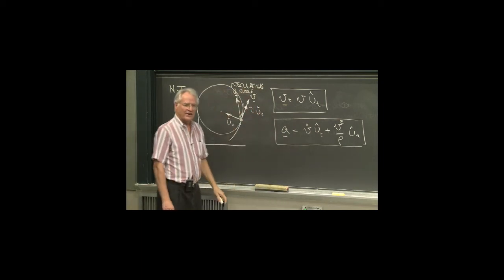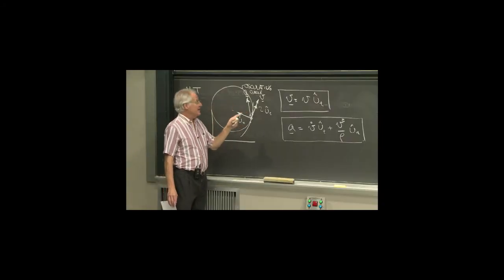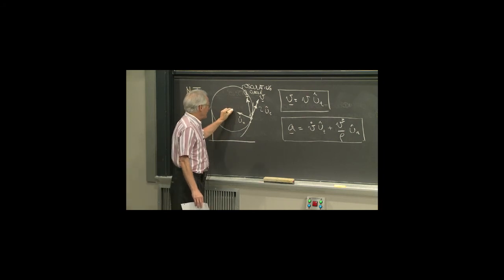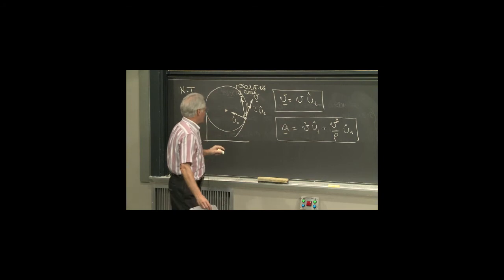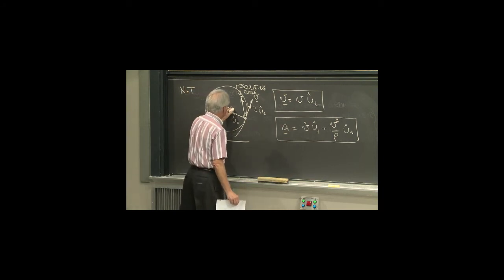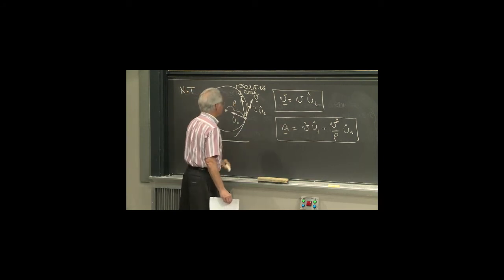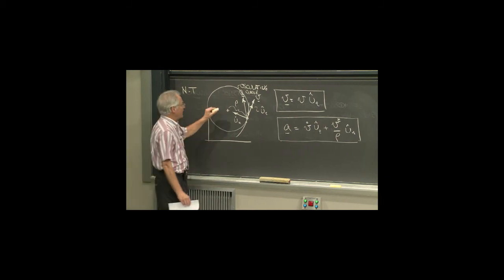Any Latin buffs here? Anybody know what osculate, or the root, is? It means to kiss. Okay? It's a circle tangent to the curve that has the same radius of curvature. And you're familiar with, I don't have that formula for curvature, but that's what this is. This is rho. Okay, that is the radius of curvature.